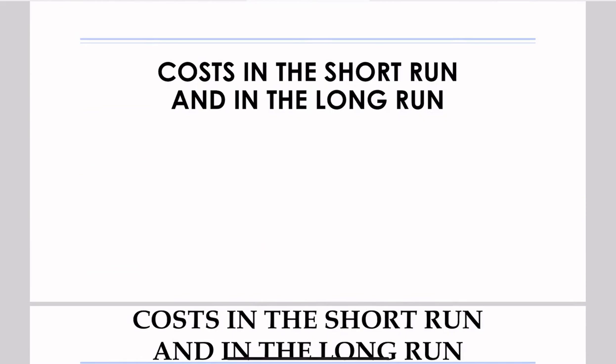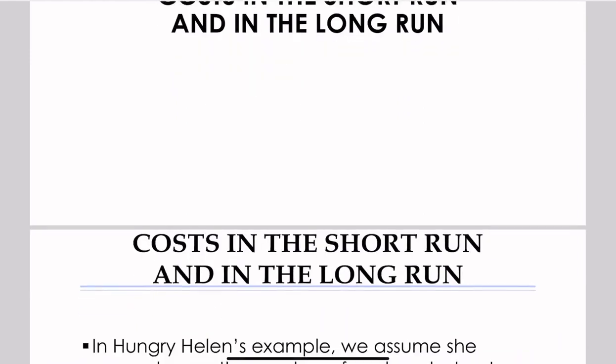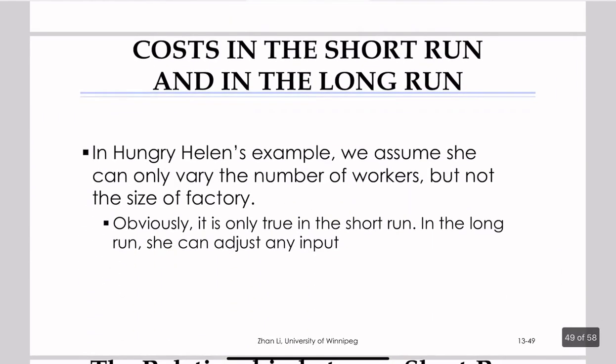Now let's talk about the last topic in this chapter. That is the costs in the short run and in the long run. So through this chapter until now, we always maintain an important assumption. That is, we assume that the firm can only change the number of workers, but the firm cannot change the size of the factory.